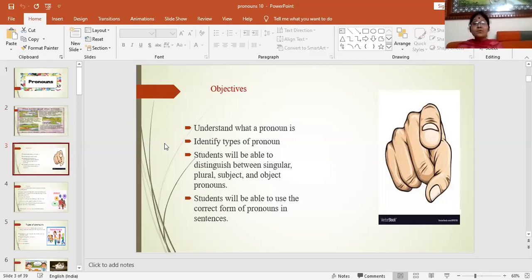And students will be able to use correct forms of pronouns in sentences. Above all, it will enhance your communication skills. So let's get started and understand what a pronoun is, what are the different types of pronouns, and how we can use different types of pronouns at different places.